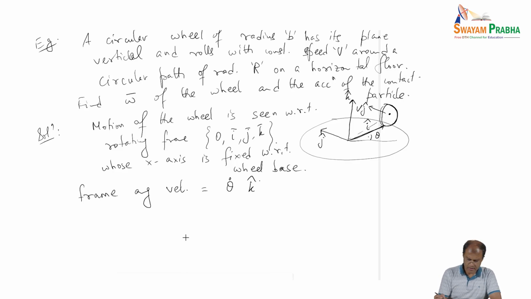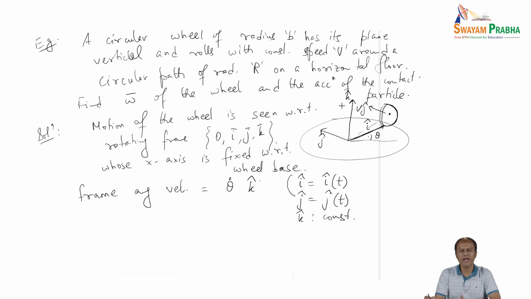So then the only problem now is that my I hat vectors are no longer constants, but they are also functions of time because they are moving with the wheel, right? But k is constant, because it is always pointing in the same direction, it's not moving.